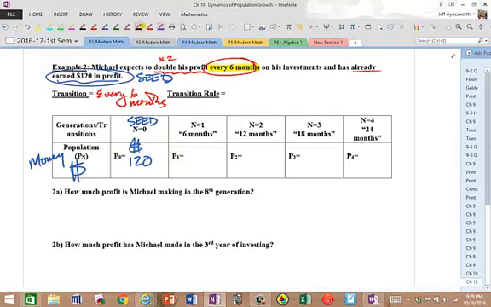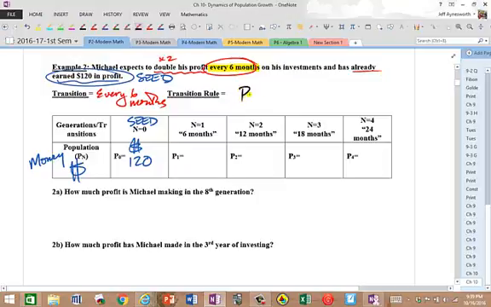The transition rule, P sub n, is equal to double the previous. He doubles his profit every 6 months, so 2 times the previous, P sub n minus 1. Double the previous amount is the keyword. Multiply by 2. Simple.